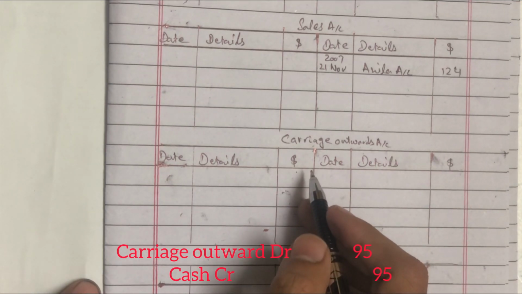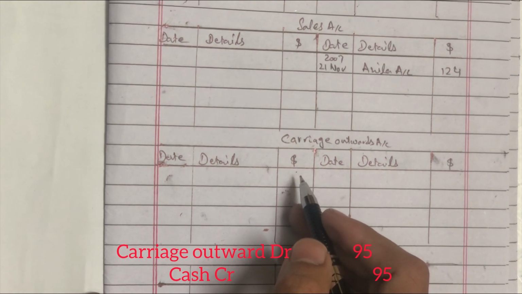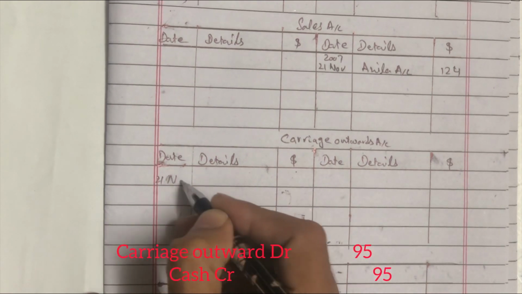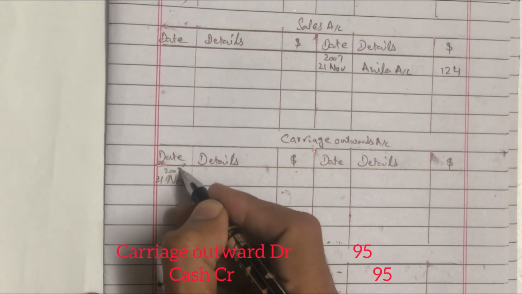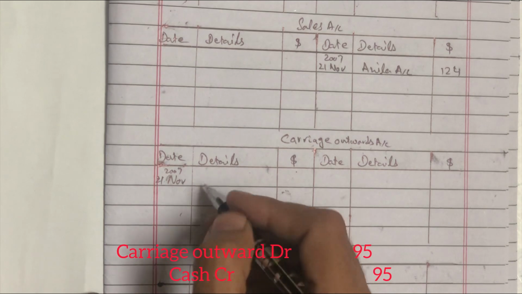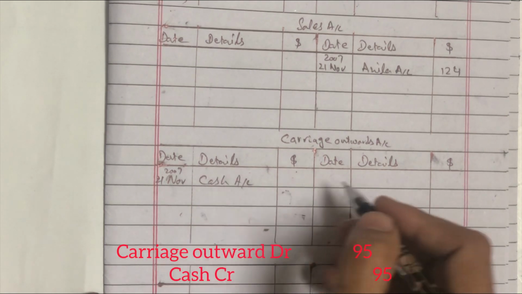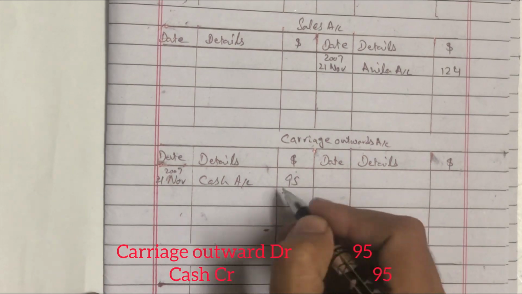Alright, so now the carriage outwards account is going to be debited on 21st of November. So we'll write down the date, 1st of November 2007, and this is again going to be debited because of the cash account. So we'll write down the cash account here, and the amount was $95.